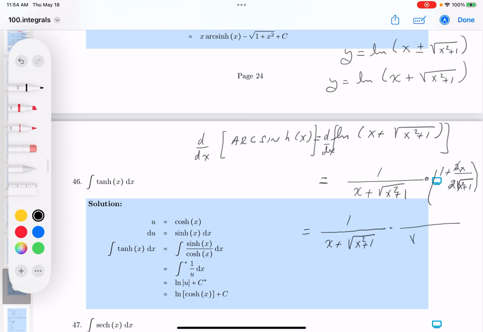And what do you get there? You get this. Common denominator. And what do you get on top? Well, look at that. You get root of x squared plus 1 plus x. Lo and behold, these factors will cancel off. And we're left with 1 over root x squared plus 1. All right, let's go back.